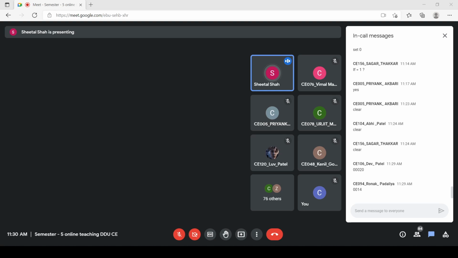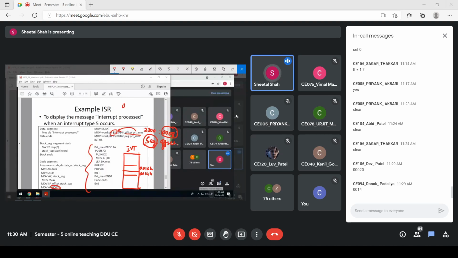What is ES currently? It has the value 0000. So I am storing this value, which is the offset of this procedure, PRT_MES, at the address 0:0014. So this is equivalent to 0:0014H.